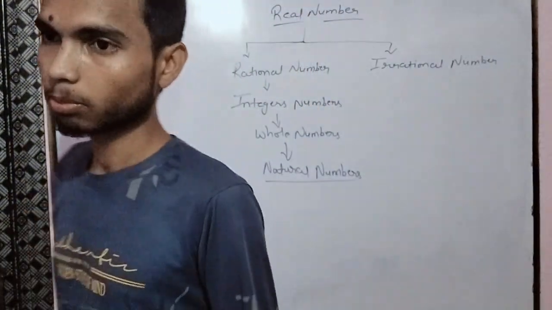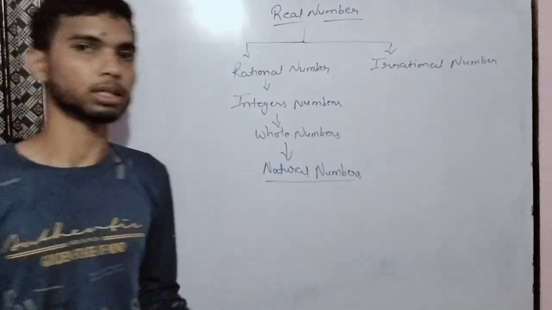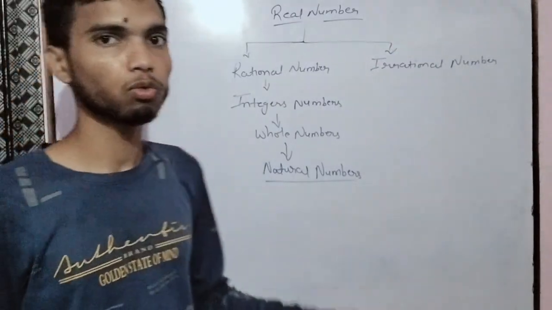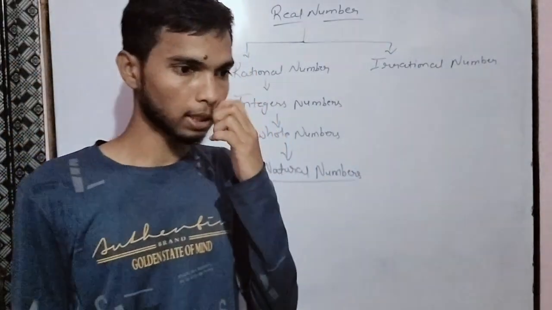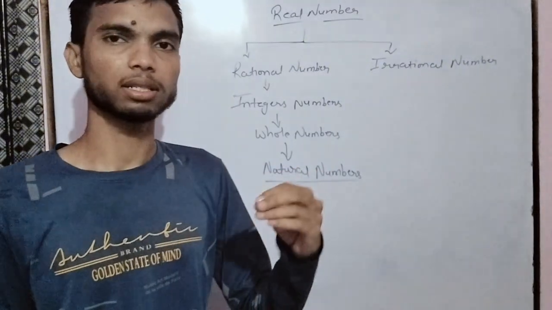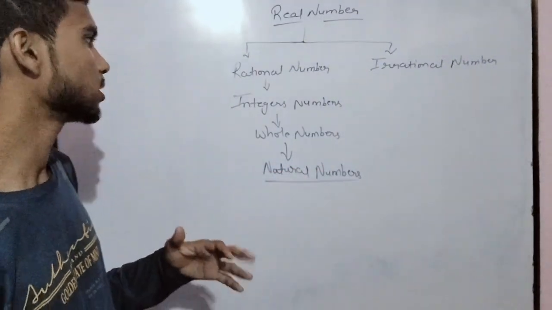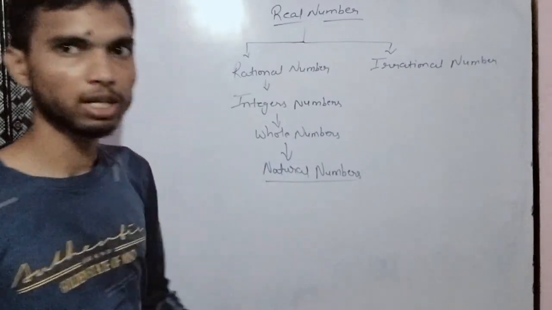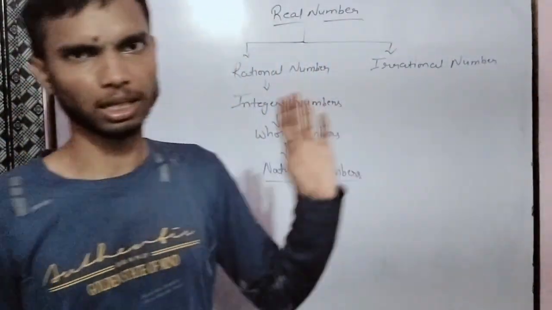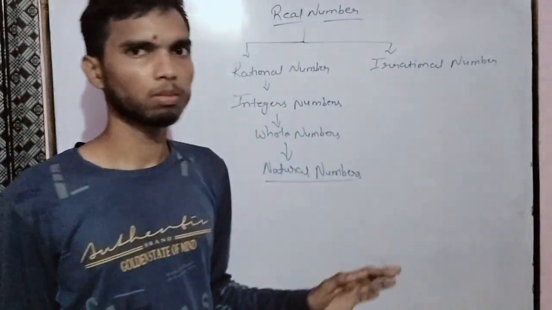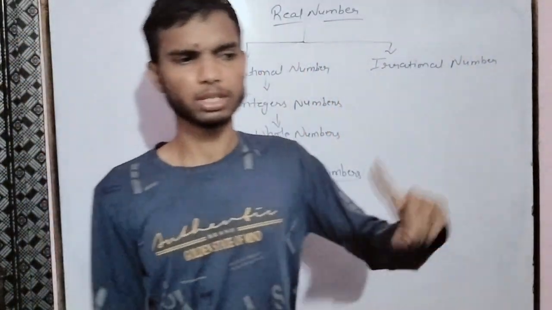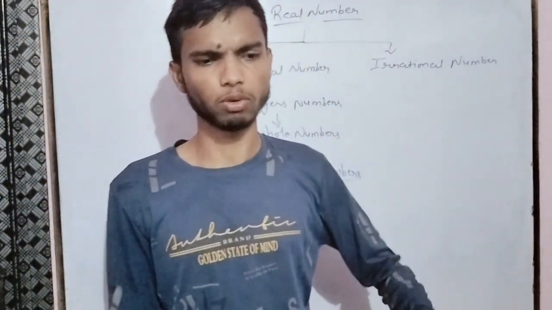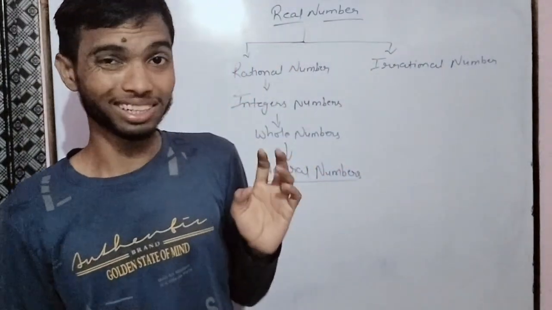Why are we saying that? Because natural numbers can be counted. But 0 cannot be counted. 0 tells us there is nothing. So remember, natural numbers start from 1 till infinity. Whereas whole numbers start from 0, then 1, 2, 3 till infinity.